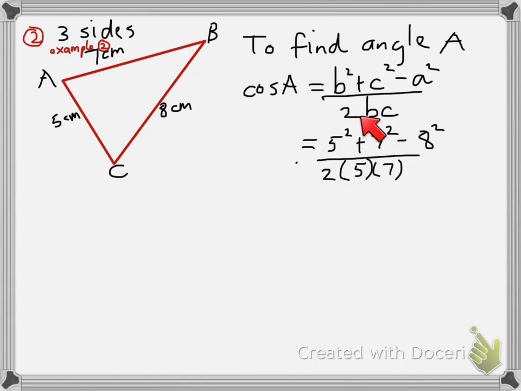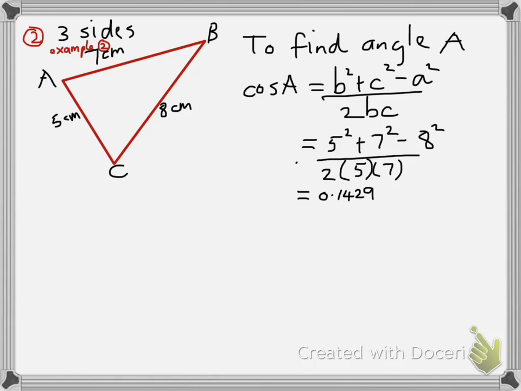We need to add c squared. Now c over here is going to be this side of 7 because it's facing angle C. And we take away a squared, so that's the other side, which is the 8. We then divide by twice the product of b and c, so that's 2 times 5 times 7.